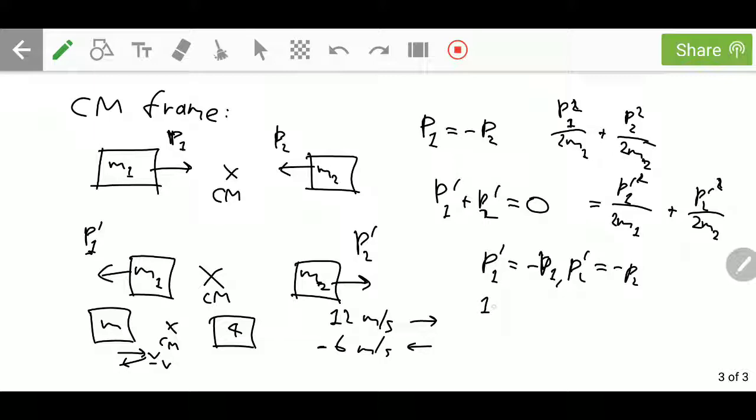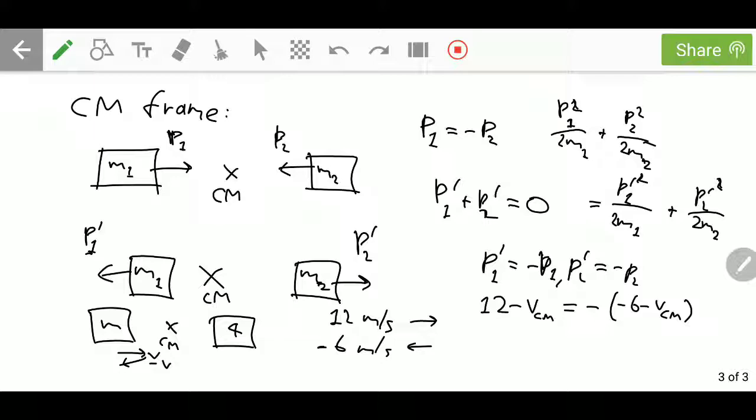So if we want to know the center of mass frame, it'll be 12 minus VCM equals negative 6 minus VCM. Because this will be the velocity before. The left-hand side is the velocity before in the frame of reference of the center of mass, and the right-hand side, without the initial minus sign, is the velocity after the collision.